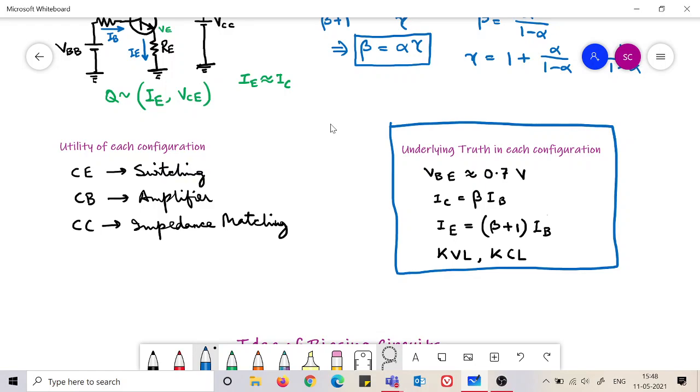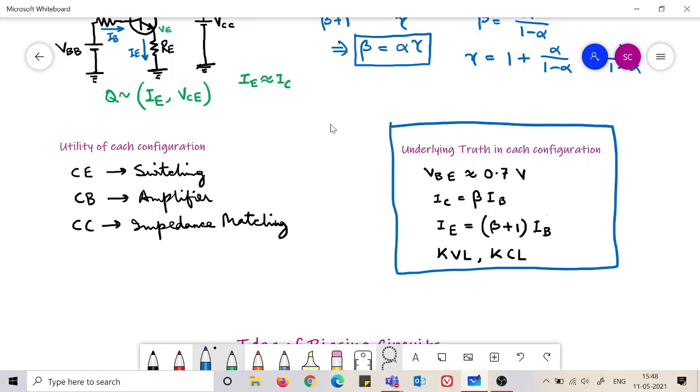So when we can find out IB, we use this relationship to get IC. When we cannot find out IB, we use IC almost equals IE. So we directly find out IE. Sometimes we also have to find out IE in terms of IB. So these are the central relationships, okay, of the transistor.